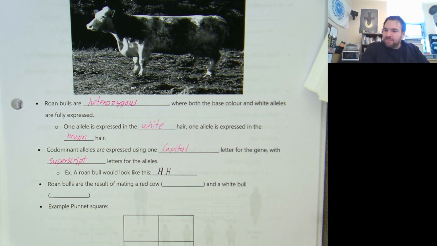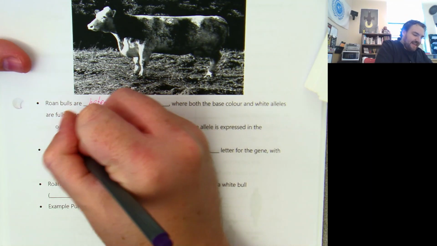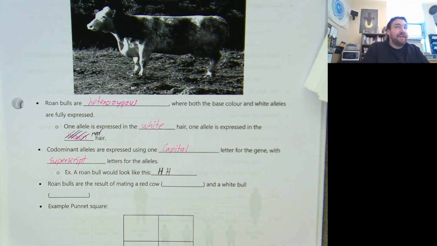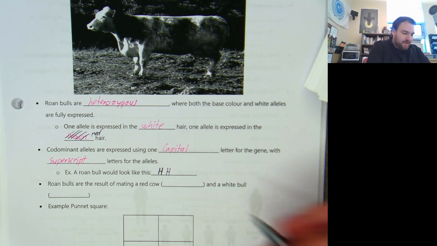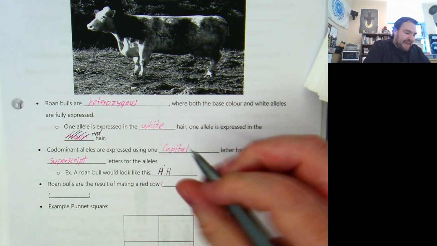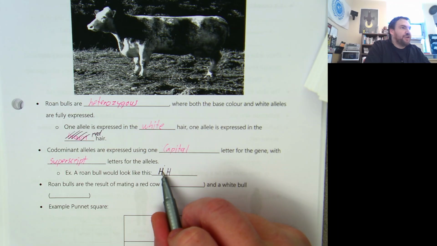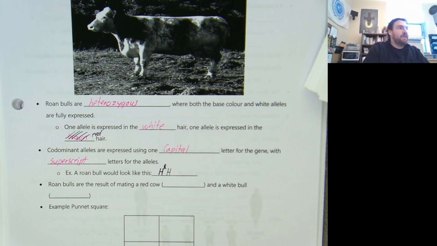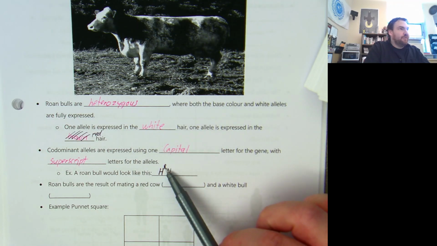Ooh, I was wrong. Let me fix this thing. That's not supposed to be brown. That's supposed to be red. It's white and red, not white and brown. My bad. So you would write it as capital H for a dominant hair color with a capital letter R for what is the dominant color, red.